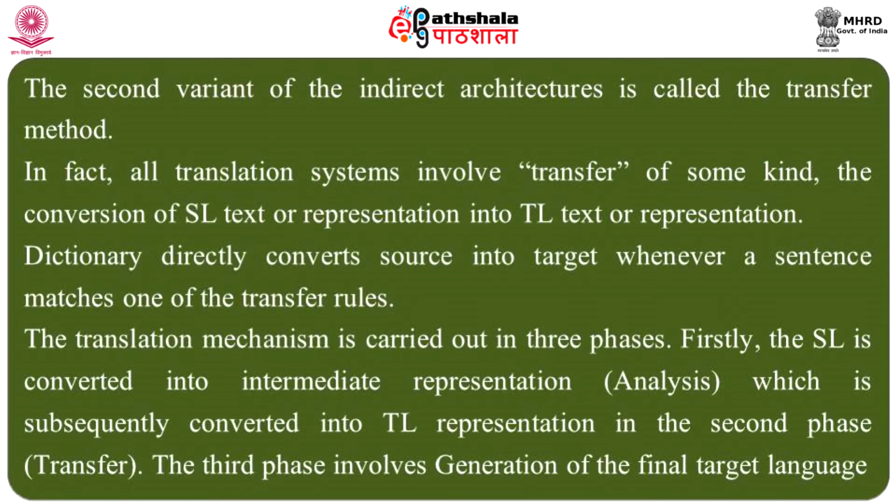An SL dictionary, a TL dictionary and a bilingual dictionary are used for this purpose. The translation mechanism is carried out in three phases. Firstly, the SL is converted into an intermediate representation, that is analysis, which is subsequently converted into a TL representation in the second phase, which is transfer. And the third phase involves generation of the final target language.